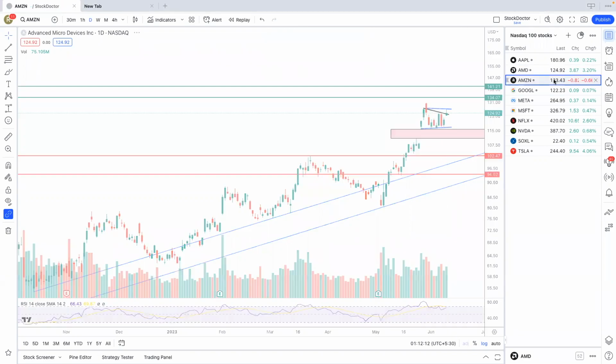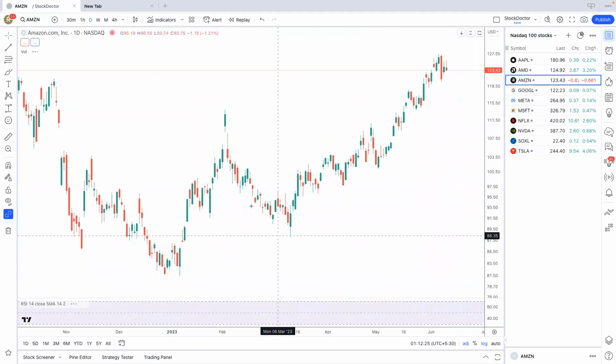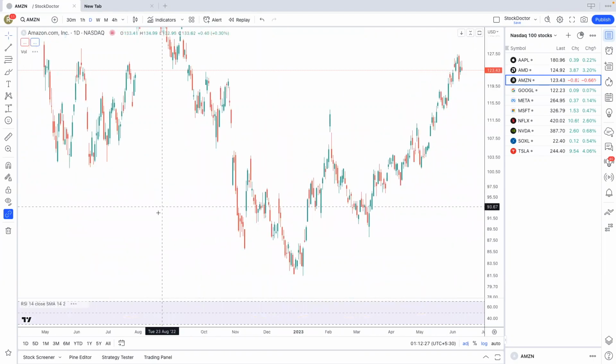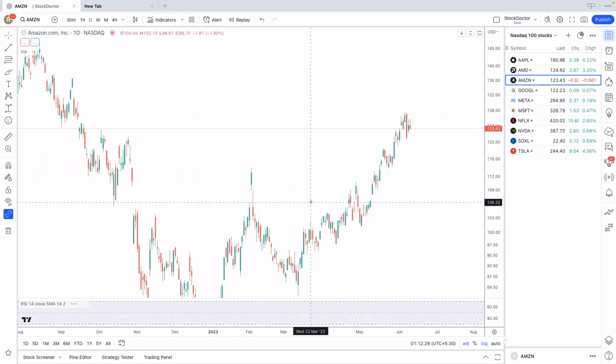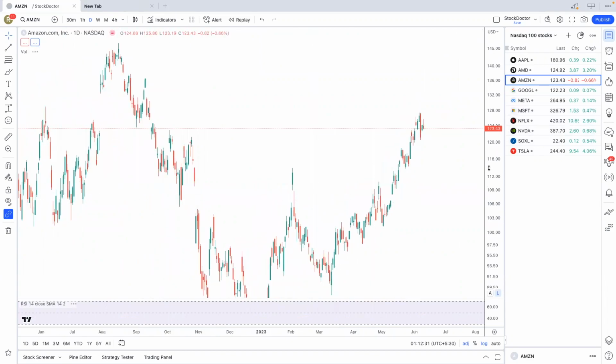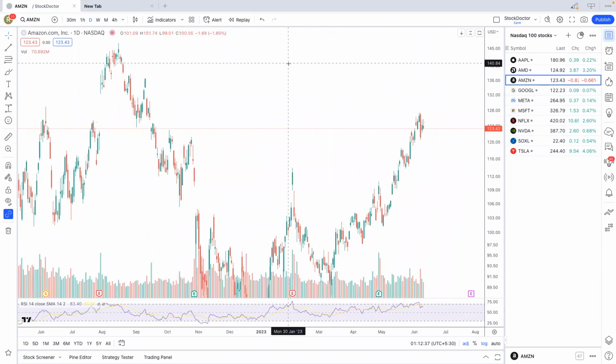Now let's talk about Amazon. Today I think TradingView is taking some time to load the charts, so let's be patient and see.